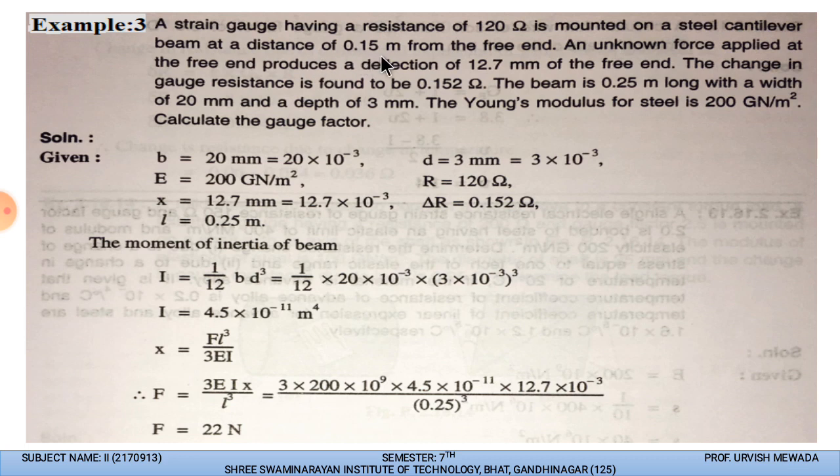0.15 meter. So 0.15 meter is the distance from the pole, from the bottom. An unknown force is applied at the free end, the free end which I talked about.